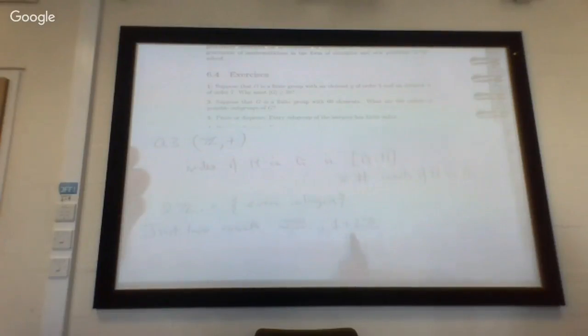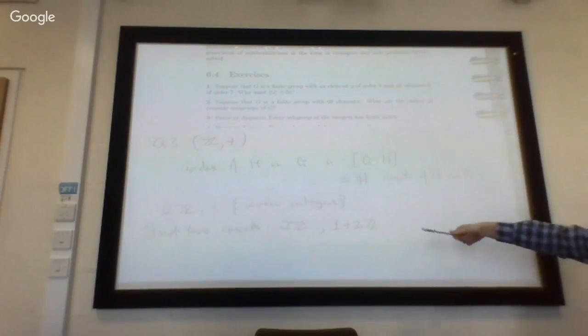That's like the little g, capital H in this context. I'm not writing it multiplicatively because I'm using addition notation for this operation, because it is addition. So there it is, just 2 cosets.